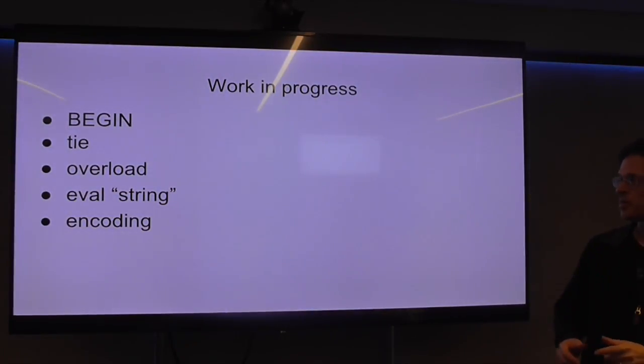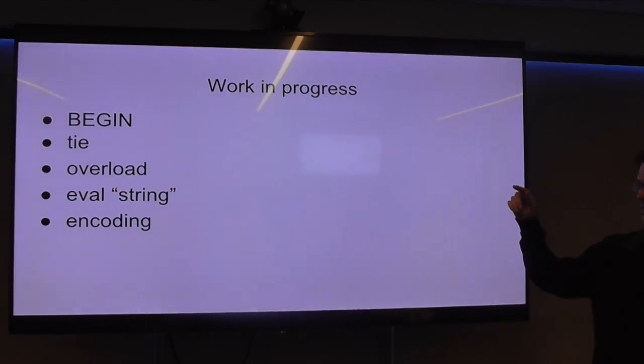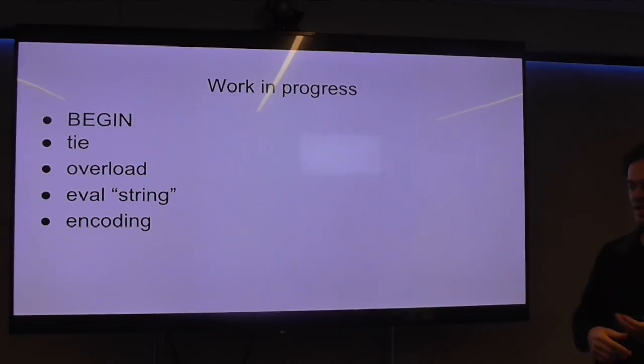BEGIN blocks are work in progress. They are really progressing. In the last hackathon, we got a lot of BEGIN functionality working, but there's still work to do. Tie and overload, we have prototypes on how this could work, but they are also not integrated.